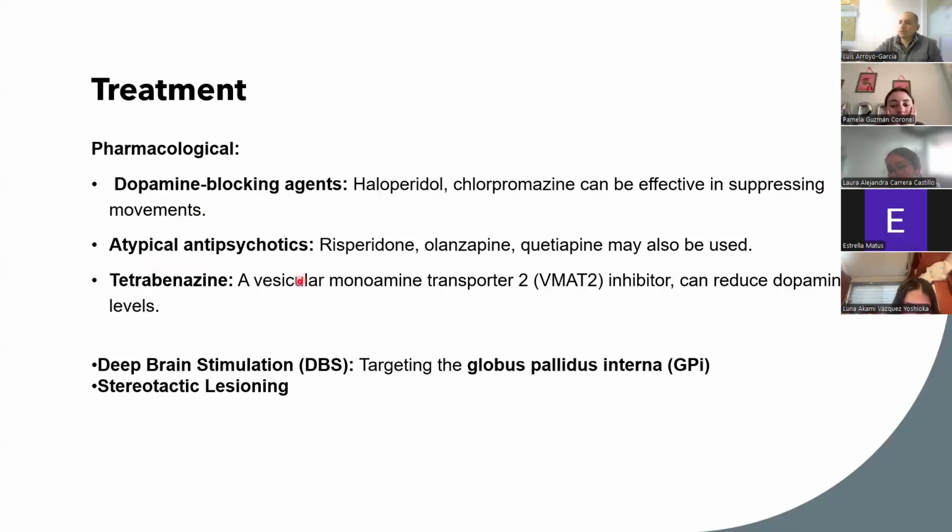And then for other things, we have tetrabenazine that is going to inhibit the transporter and reduce the dopamine. Here, we are going to target also the globus pallidus interna, and you can actually lesion a bit these areas.